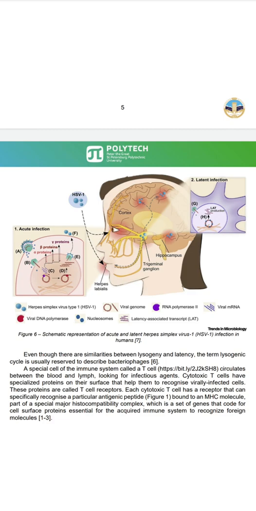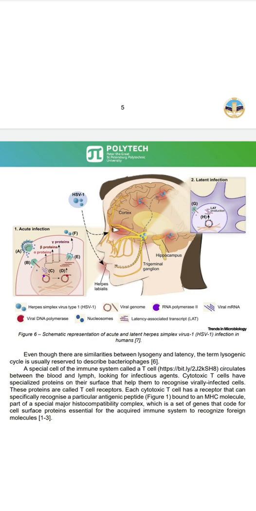A special cell of the immune system called the T cell circulates between the blood and the lymph, looking for infectious agents. Cytotoxic T cells have a specialized protein on their surface that helps them to recognize virally infected cells. These proteins are called T cell receptors.